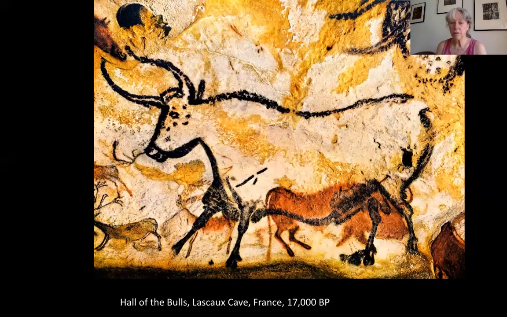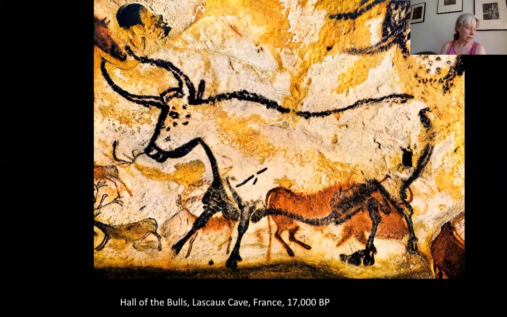What we're going to talk about now is representation versus abstraction. Okay, so representation is pretty straightforward. It means when you're trying to draw or paint something and make it look like it really does in real life.